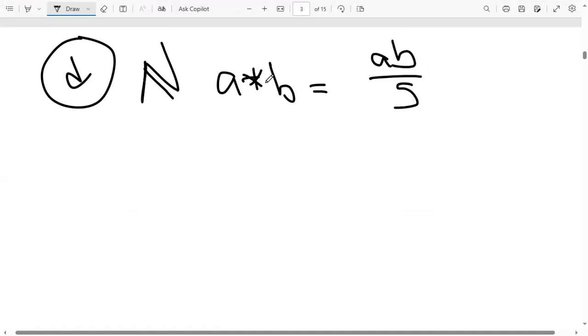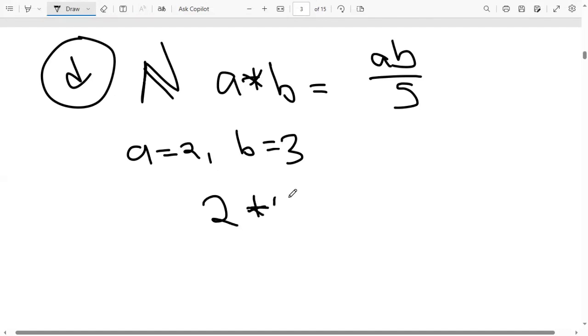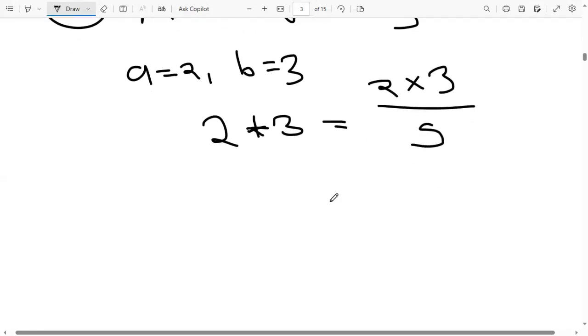So is this star a binary operation? Let's test. Let me say I get my A as 2 and my B as 3. So I test these values: 2 star 3 will just be 2 multiplied by 3 divided by 5. This will be 6 divided by 5.